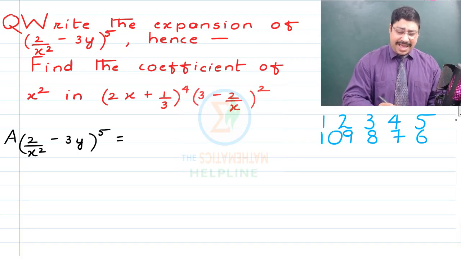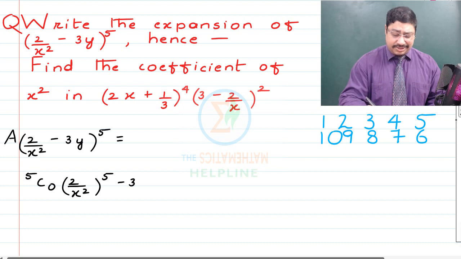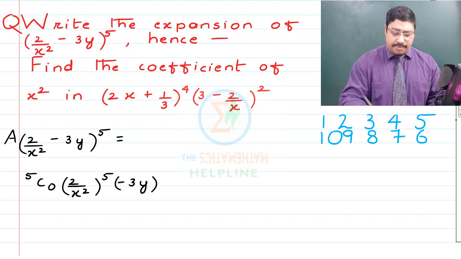Now, when we try to expand this, children, we will have here n, which is 5c0, (2 upon x squared) raised to the power 5 times (minus 3y) raised to the power 0.